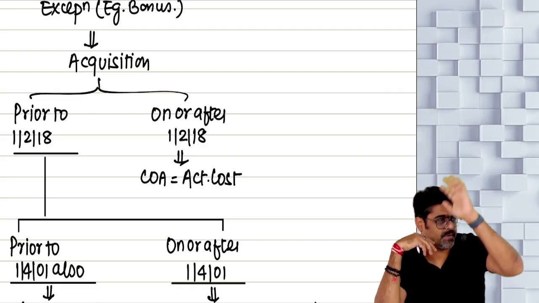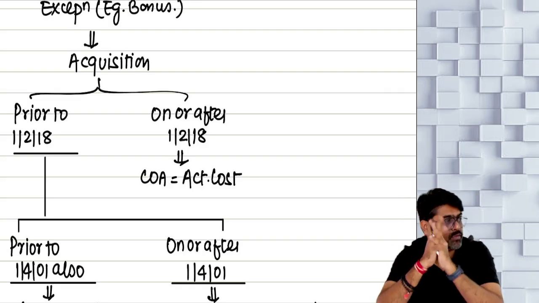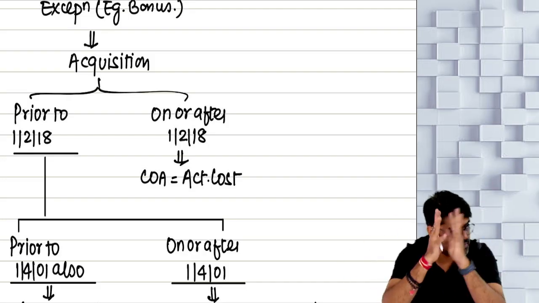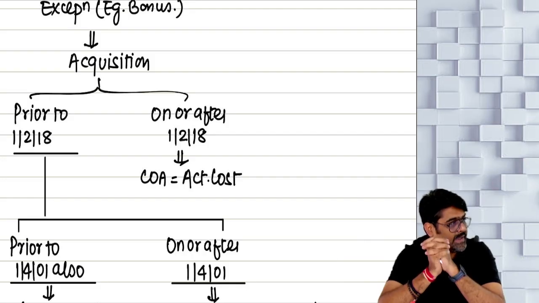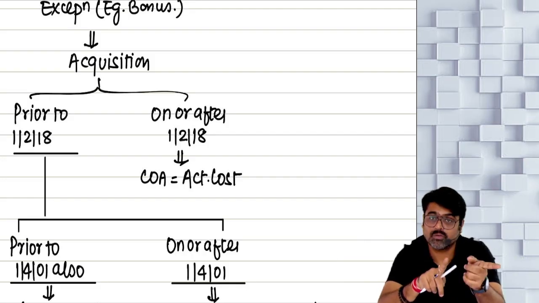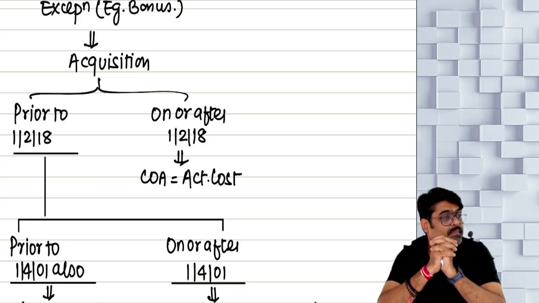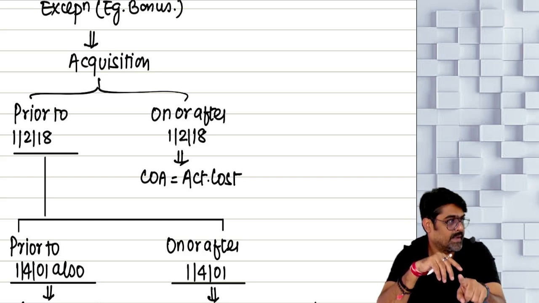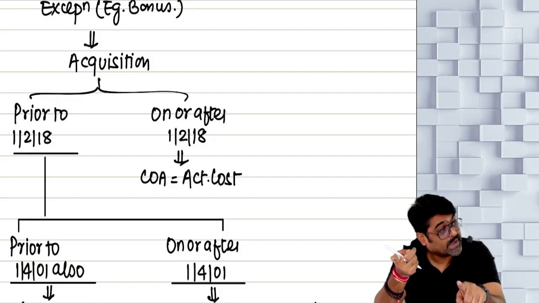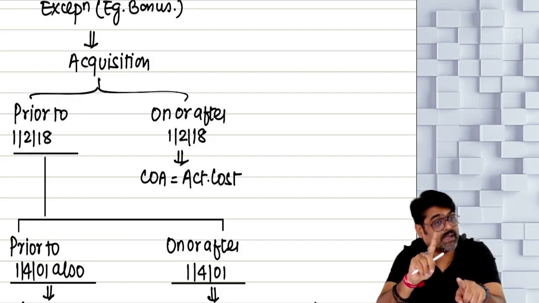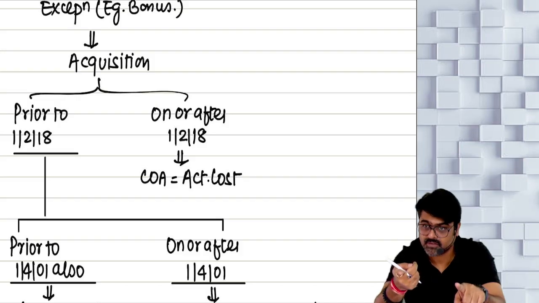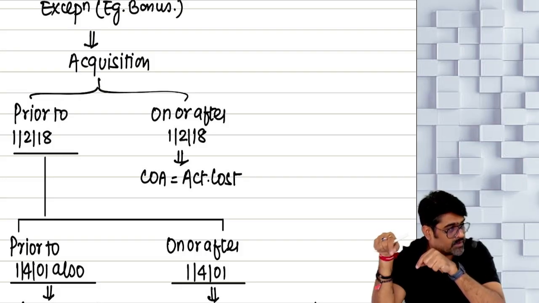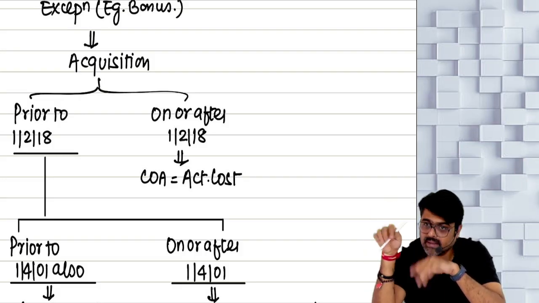Forget it, 2015. 1st December 2015. Can I say 1st December 2015 is prior to 1st February 2018? Yes or no? And also, these bonus shares are long term. So for these bonus shares, now the capital gain will be long-term gain under section 112A, even if no STT was paid at the time of purchase, still the long-term gain will be calculated under section 112A. Understanding?